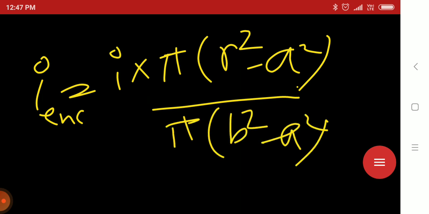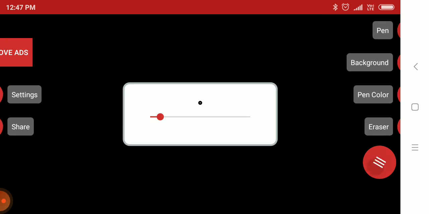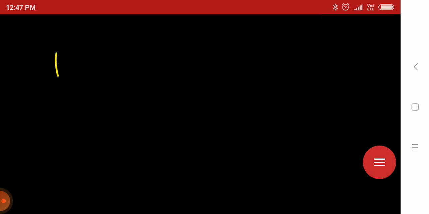Now apply Ampere's law: B dot dl equals mu naught times I enclosed. I am taking the magnitude because when we break the dot product, it does not remain a vector.